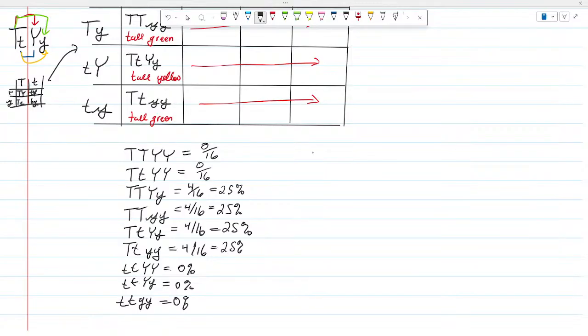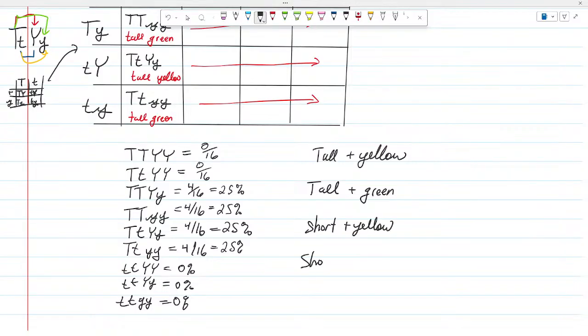And then the phenotypic frequencies, we could have tall and yellow, tall and green, short and yellow, and we could have short and green. And how many of these are tall and yellow?